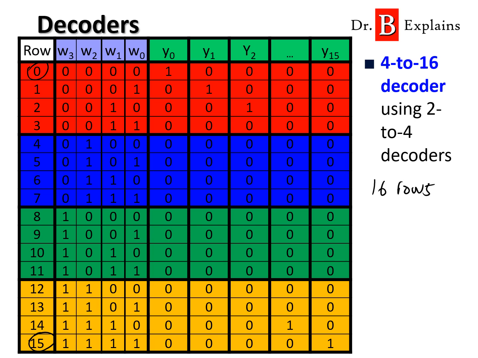So how many 2 to 4s am I going to have on my right hand side if I have 16 rows, 16 outputs? So 16 divided by 4, so we're going to have 4.